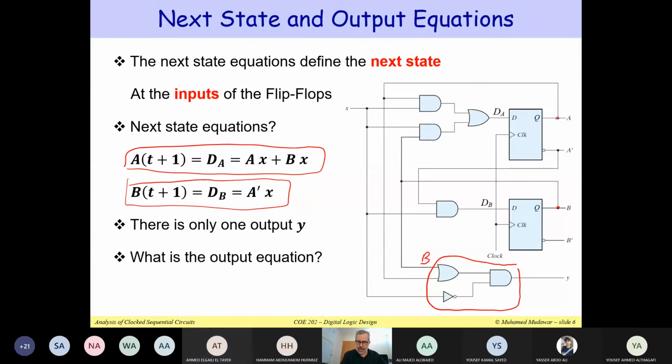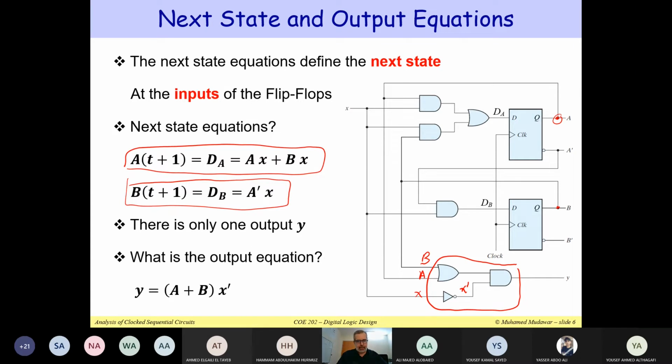We are connecting A back here too. And this is X, and this is X prime. So it is A or B and X prime. That's my output Y. So this is the output equation.